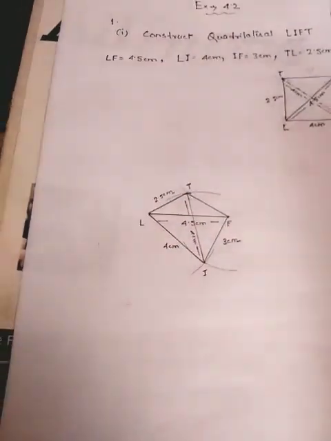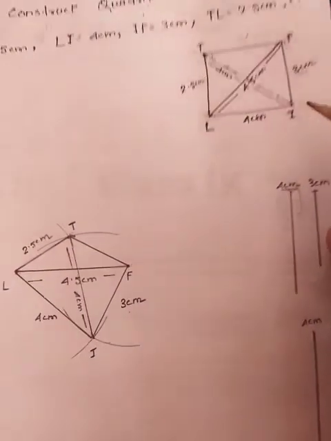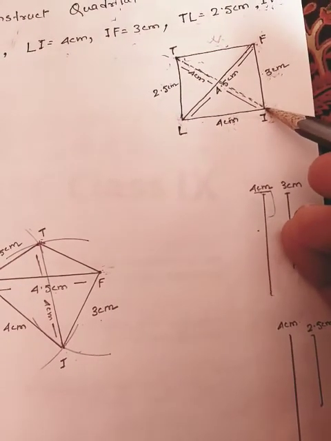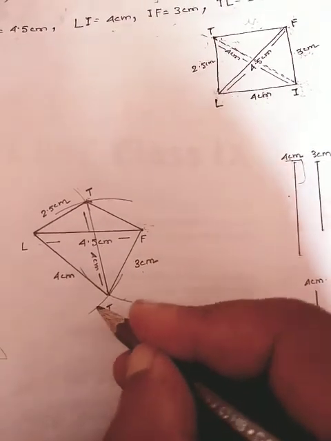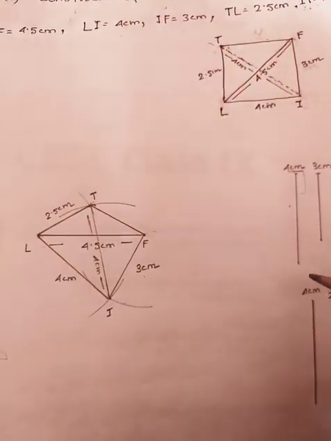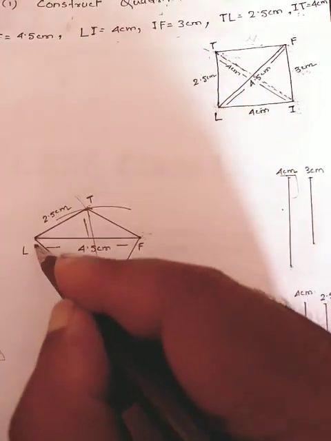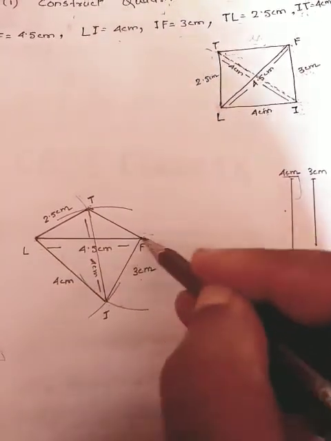If you carefully observe, the two arcs will intersect at one point, and you have to name it according to the rough sketch. It is I. So you will name it I, and join IF and IL. I hope you have understood. So I have drawn this triangle. The first aim is to draw this particular triangle.